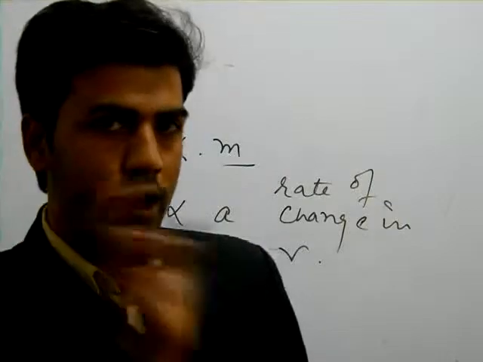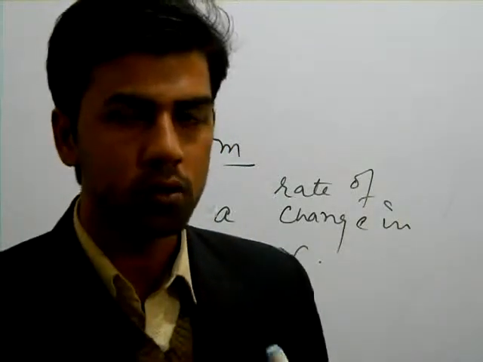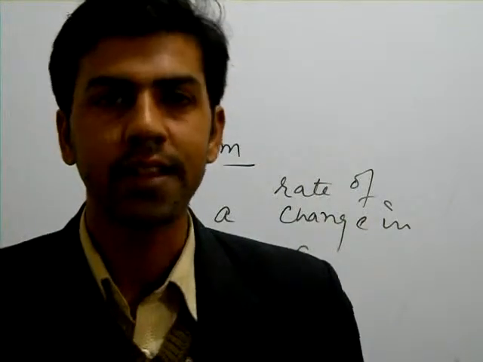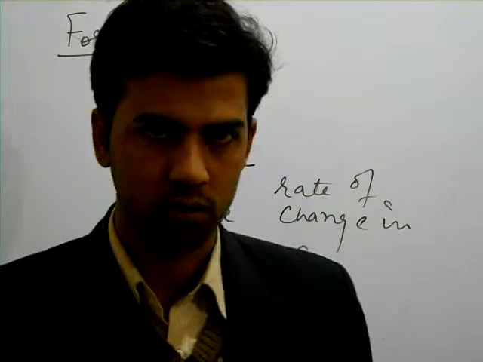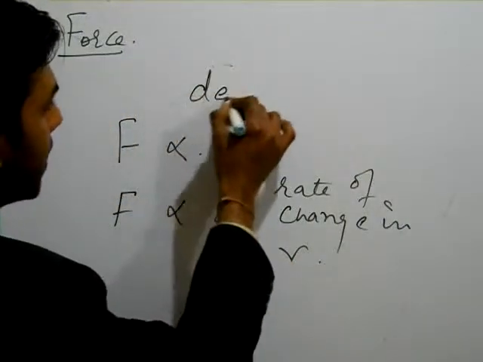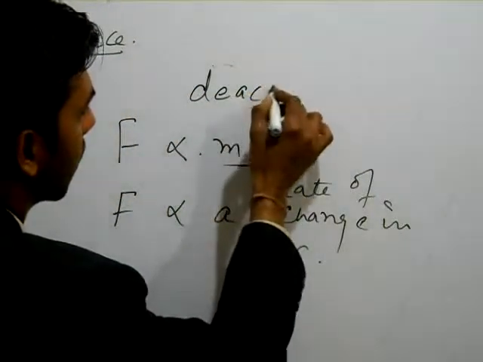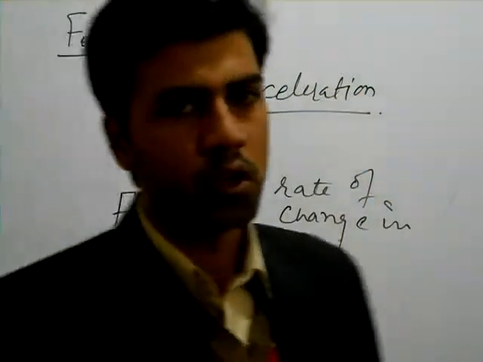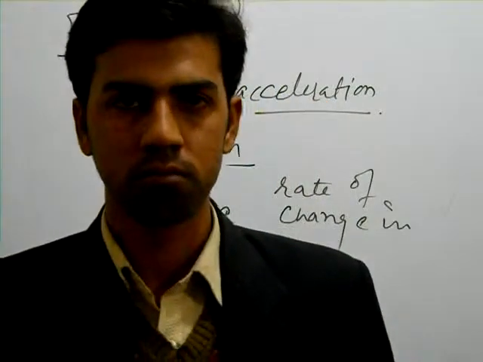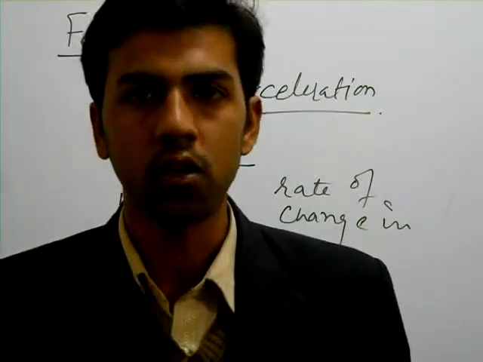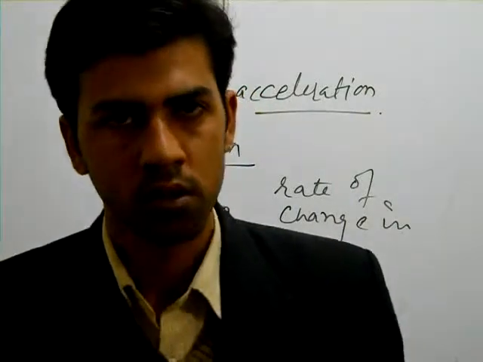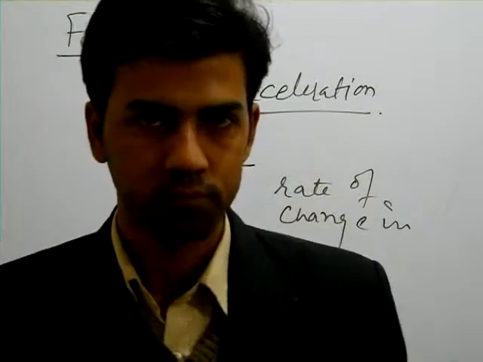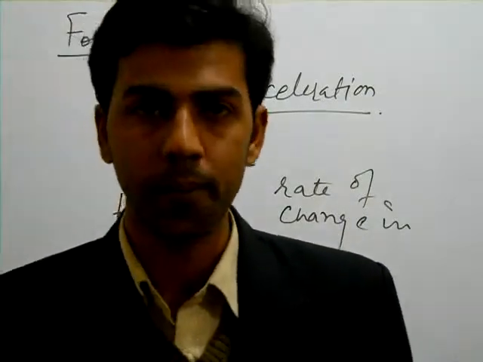Now the ball example, if you are throwing a ball, velocity gets reduced to 0 after striking, then that means there is a negative acceleration, and negative acceleration को हम डीएक्सेलरेशन भी बोलते हैं। वेलोसिटी डिक्रीज होगी तो डीएक्सेलरेशन, इंक्रीज हो रही है तो एक्सेलरेशन। From these points Newton concluded the second law, that is F is equal to ma.